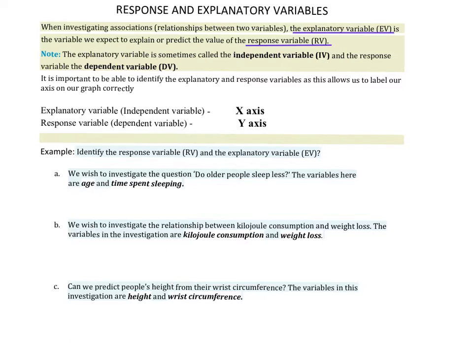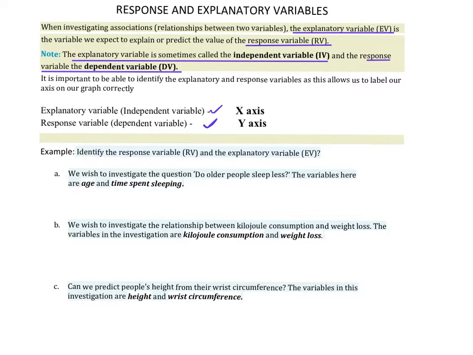Previously, the explanatory variable was called the independent variable, and the response variable was called the dependent variable. This might actually help us in determining where we put each of our variables. So remember, explanatory was independent variable, response was the dependent variable.